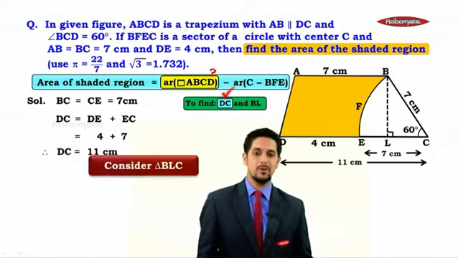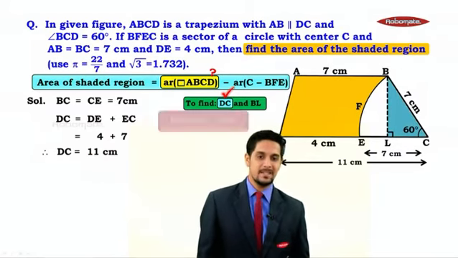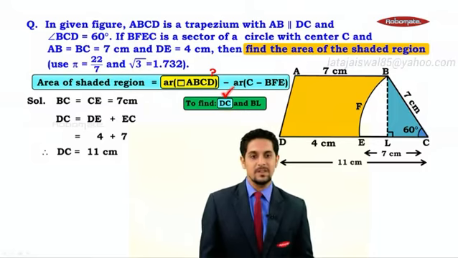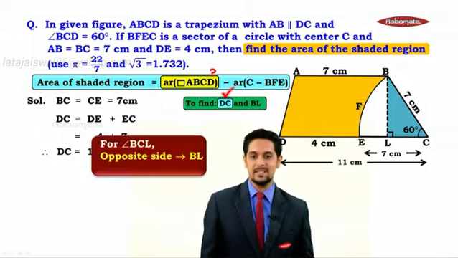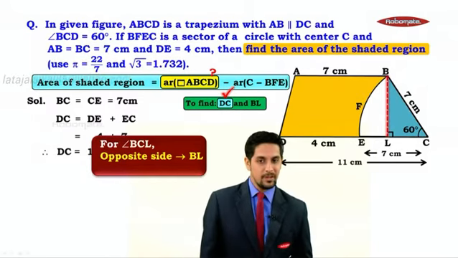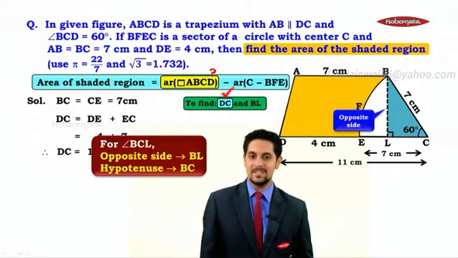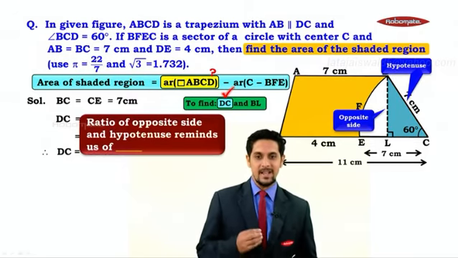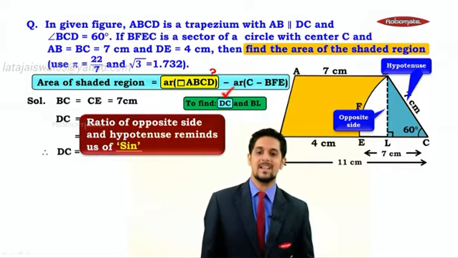For that, we are going to consider a triangle, that is triangle BLC. In this triangle BLC, observe the angle BCL. Now for this angle, we have certain observations. The opposite side of this angle BCL is BL and the hypotenuse of this triangle is BC. So students, tell me, this ratio of opposite side and hypotenuse reminds us of, yes, it is the trigonometric sine ratio.